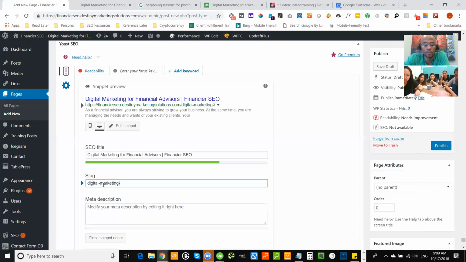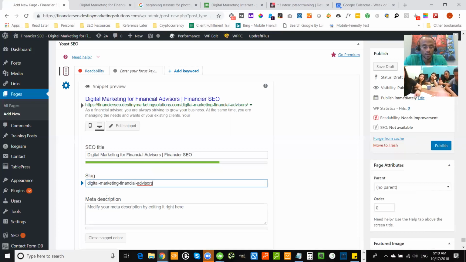And so when you put those special words into a URL, it'll basically tell the computer to stop. And so since our keyword is digital marketing for financial advisors, we obviously want to include the financial advisors part. So "for" is actually one of those stop words that we don't want to include. So instead of including "for," we would just skip it. So it would just be digital marketing financial advisors.